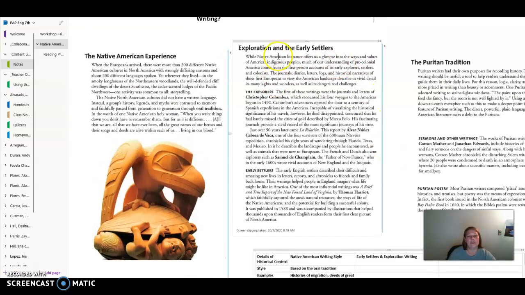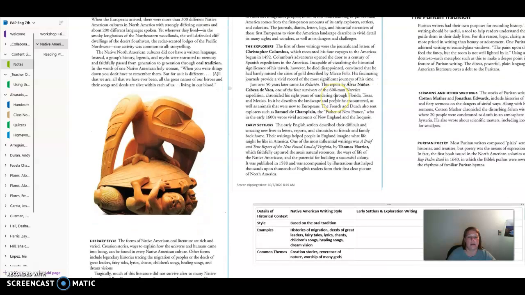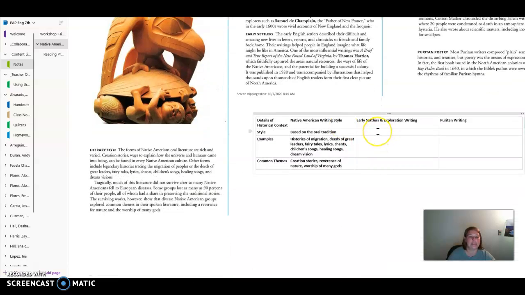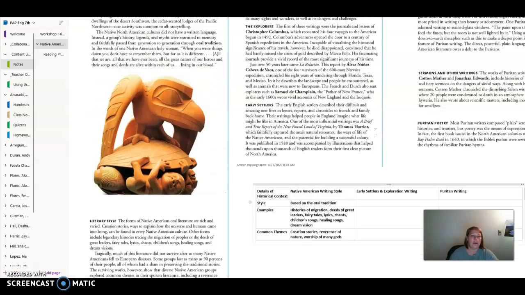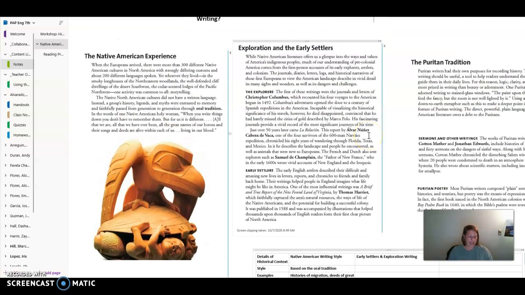Okay, so in a similar way, we're going to look through exploration and the early settlers. So we're looking for the style, like what are descriptions of the style, the examples of the kinds of writing they were doing, and then themes, like common things they were writing about.